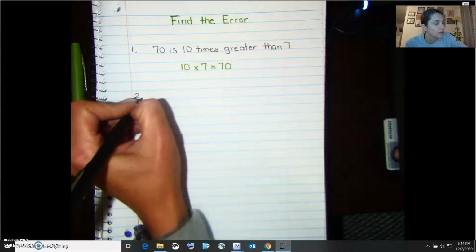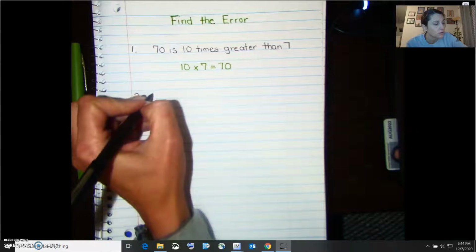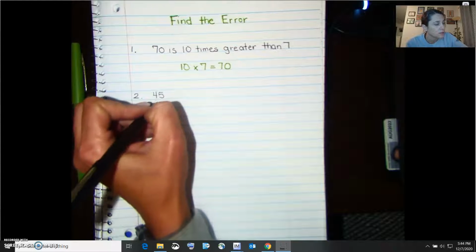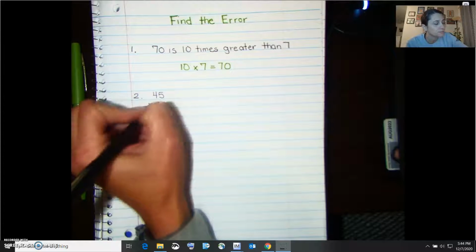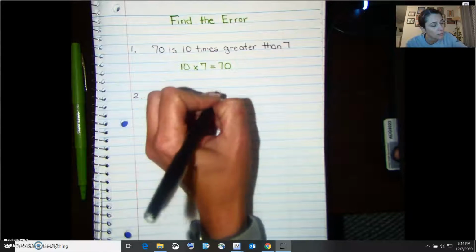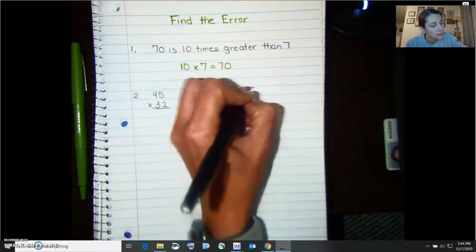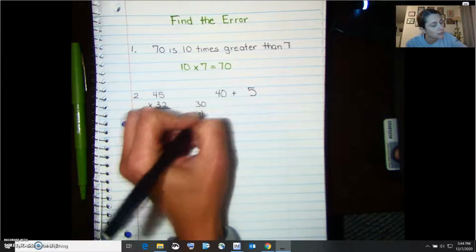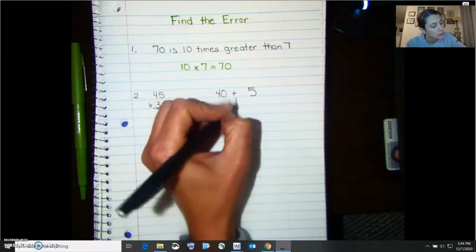Okay, my second one is going to be an area model. So I'm going to do 45 times 32. Okay, I'm going to do my 40 plus my 5. I'm going to do my 30 plus my 2.